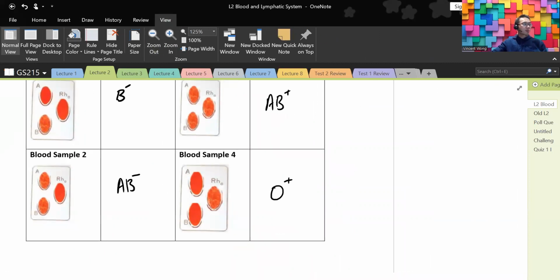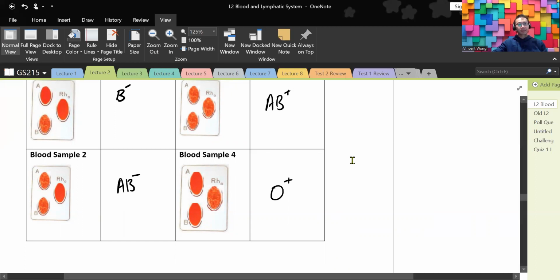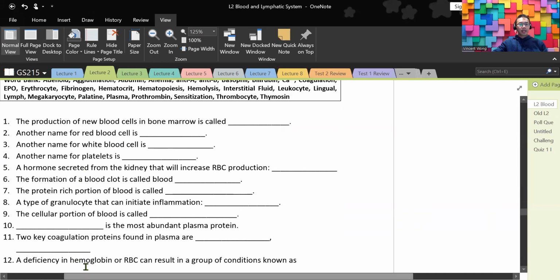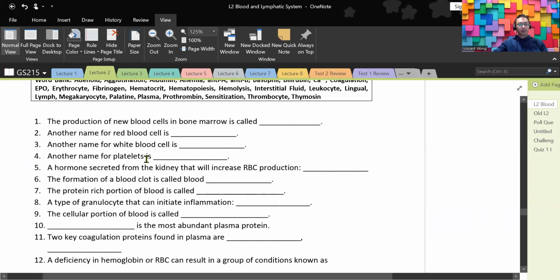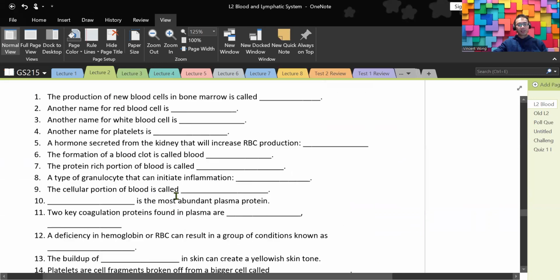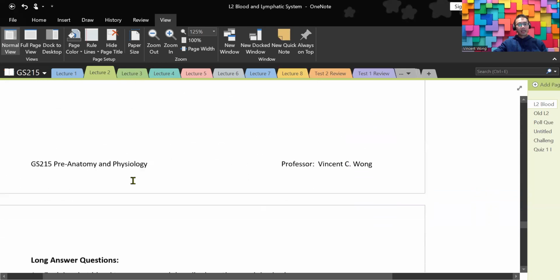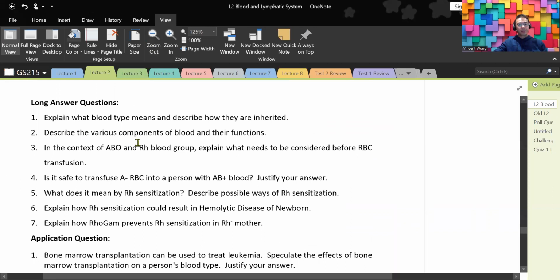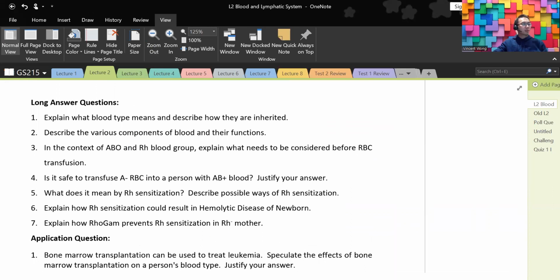Does anyone want me to explain further? I will post the answer for the fill in the blanks and you can check it on your own. Probably it's more efficient that way. I do want to move on to long answer questions because some of these could be confusing. Does anyone want me to take any of them up?